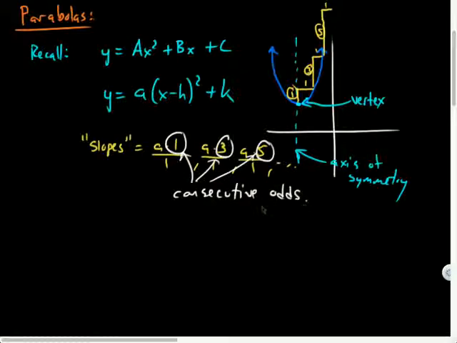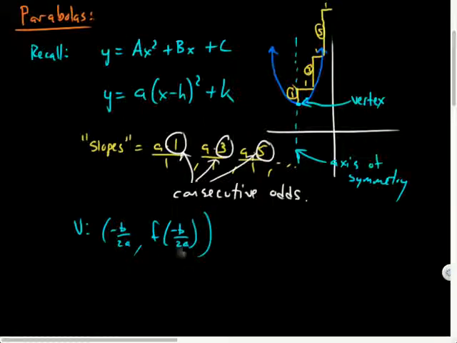You also knew how to find the vertex in this form. We used lowercase a, b, and c. Negative b over 2a was the x-coordinate of the vertex, and plugging that into the function, f of negative b over 2a, would give you the corresponding y-coordinate.